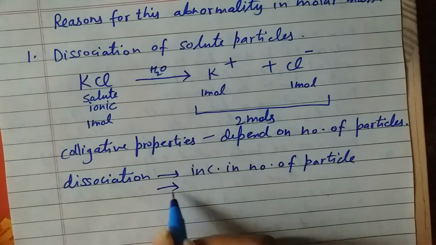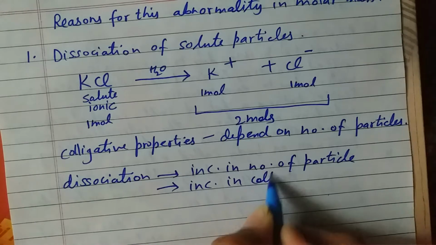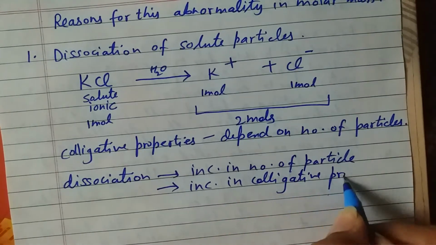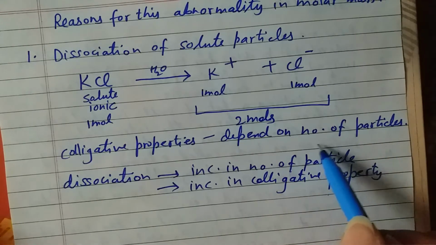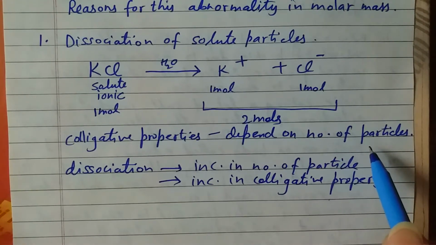If there is an increase in the number of particles, certainly there will be an increase in the value of the colligative property also, because we've already seen that colligative properties are directly proportional to the number of particles. The more the number of particles in solution, the greater will be the value of the colligative property.